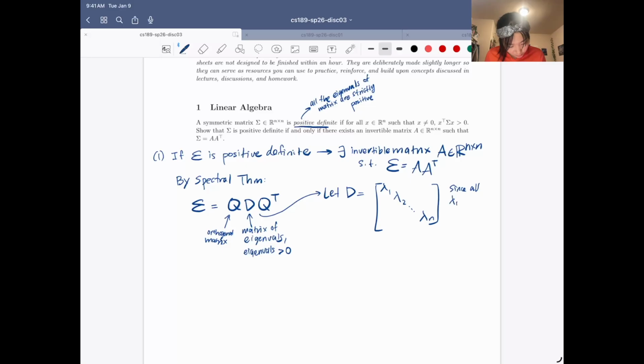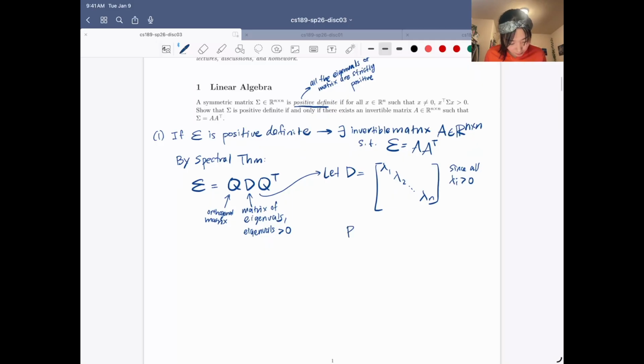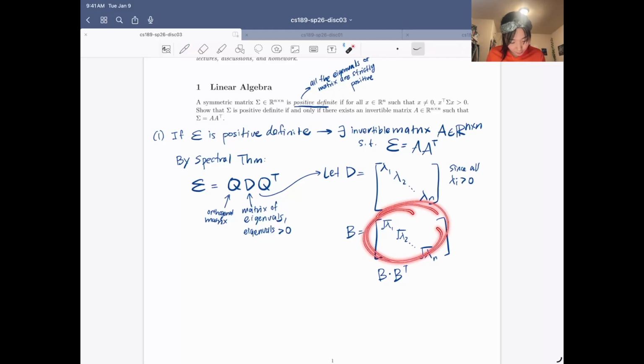Since all these eigenvalues are greater than 0, we can take the square root of them and not have a problem. Let's have some matrix B equal to the diagonal matrix that consists of the square root of all these eigenvalues. Notice B times B transpose, where B transpose is basically itself, because if you transpose this, it's literally just itself.